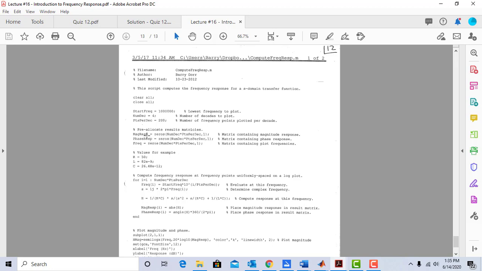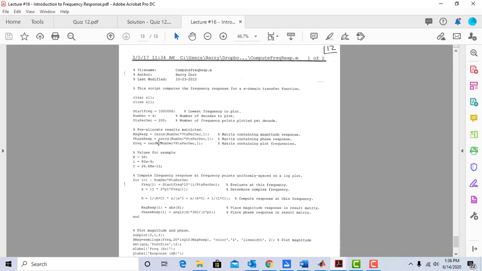Now I'm going to pre-allocate the results matrices. I'm going to get a magnitude and a phase for each frequency. So I'm going to make 3 matrices. One is going to be the frequency. The next one's going to be the phase at each frequency. The next one's going to be the magnitude at each frequency.